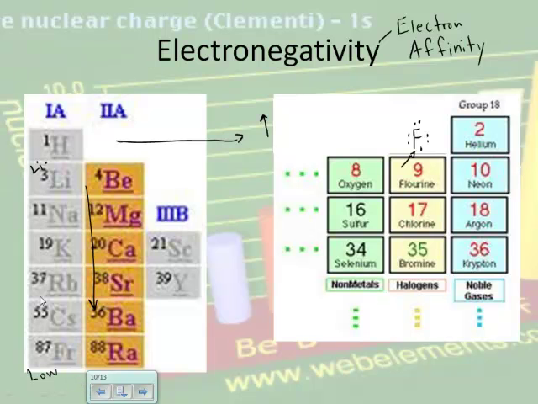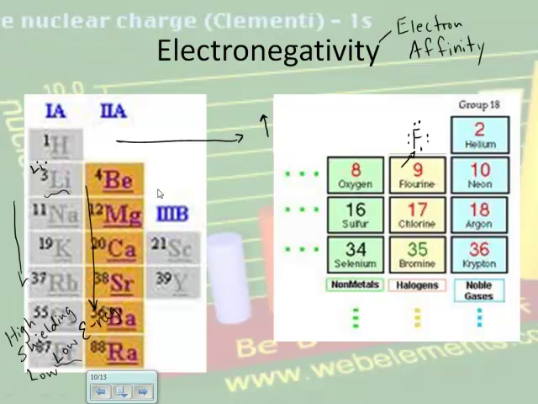Which one would be lower, lithium or francium? We're talking about electronegativity. It's francium, definitely, because there's more shielding here, so we block the nuclear charge that's there. High shielding means low electronegativity.